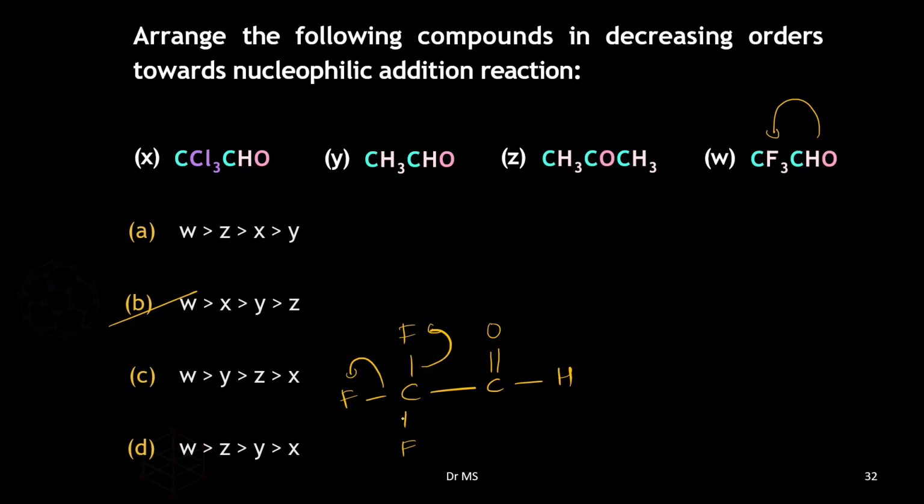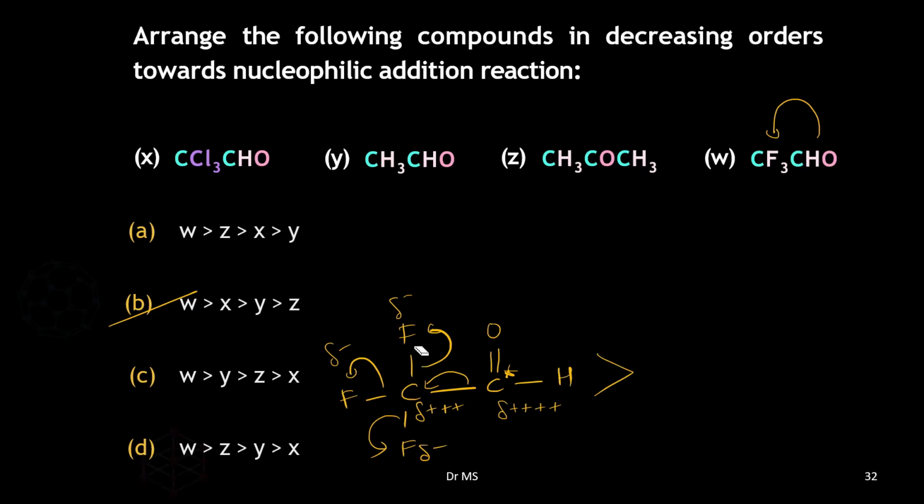So all are becoming negative, and this carbon is becoming strongly positive. Because of that, it is also pulling the electrons from the carbonyl carbon. So now this starred carbon is becoming much more positive, and as it is much more positive, this will have the greatest reactivity. The same happens with chlorine, but the effect of fluorine is much stronger than chlorine.